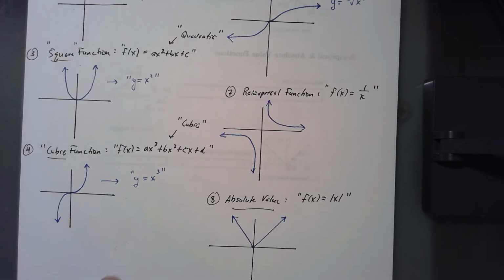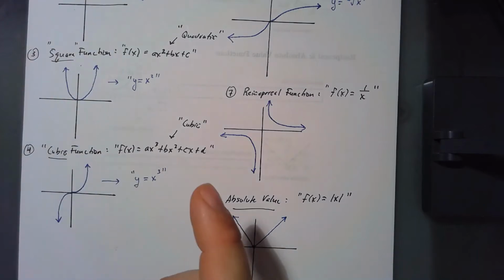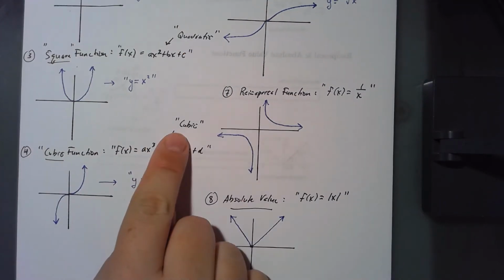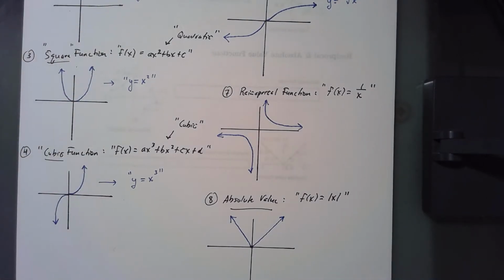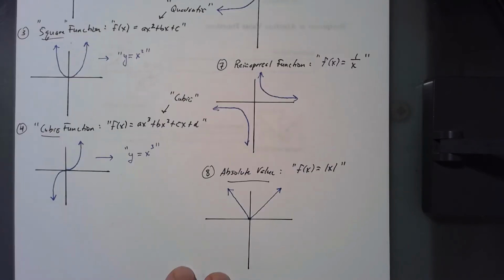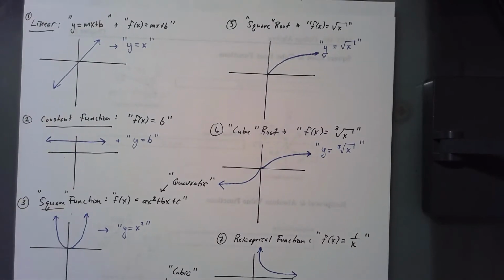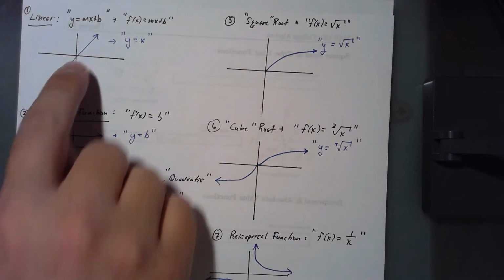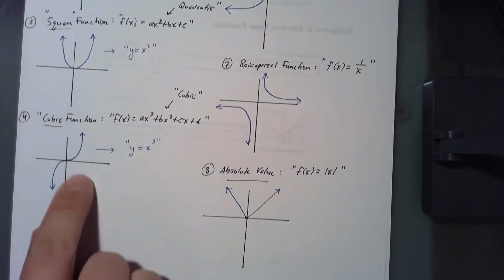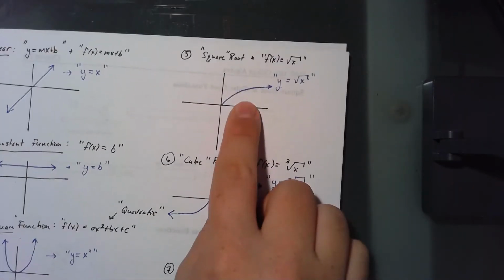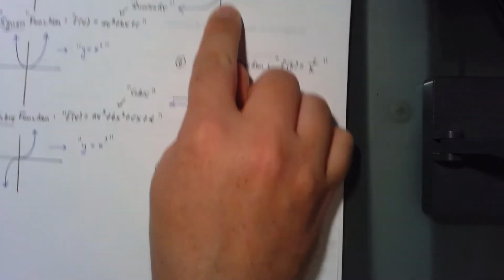If you have a square function, a quadratic function or a cubic function, you're going to take this and use it to get whatever it is you have specifically. You'll see what I mean in future sections, but that's the basic idea. So, linear, constant, this is a parabola, that's for quadratic or square, cubic, square root, cube root, reciprocal, absolute value.